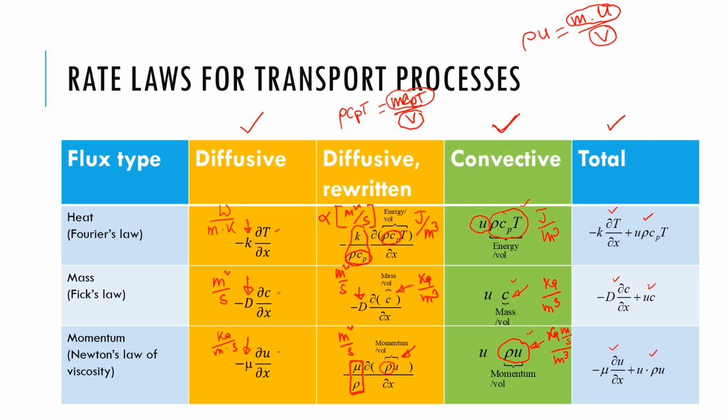I find it extremely useful to think of these different fluxes, diffusive, convective, and total, throughout understanding or modeling the physics of a process, because they help me relate to the physical quantities, and they really make it easier to understand, for example, the results from computation and so on.